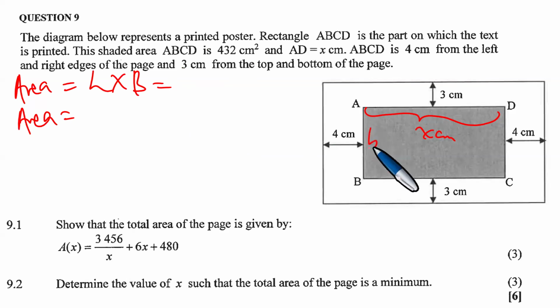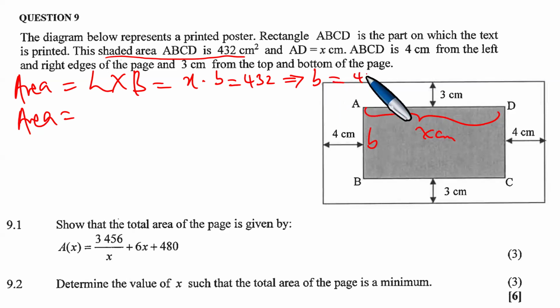We can name the length x and the breadth b. The shaded area is 432 square centimeters, so we can get b: b is 432 divided by x.